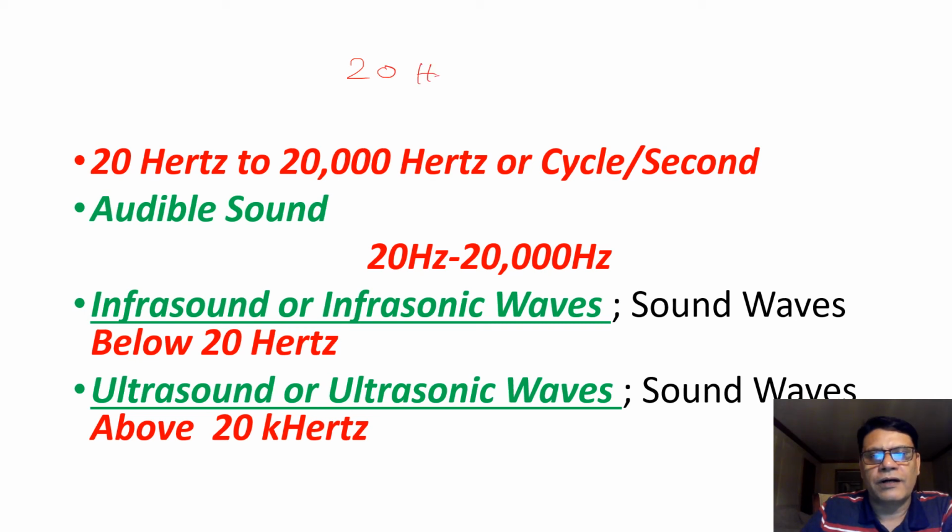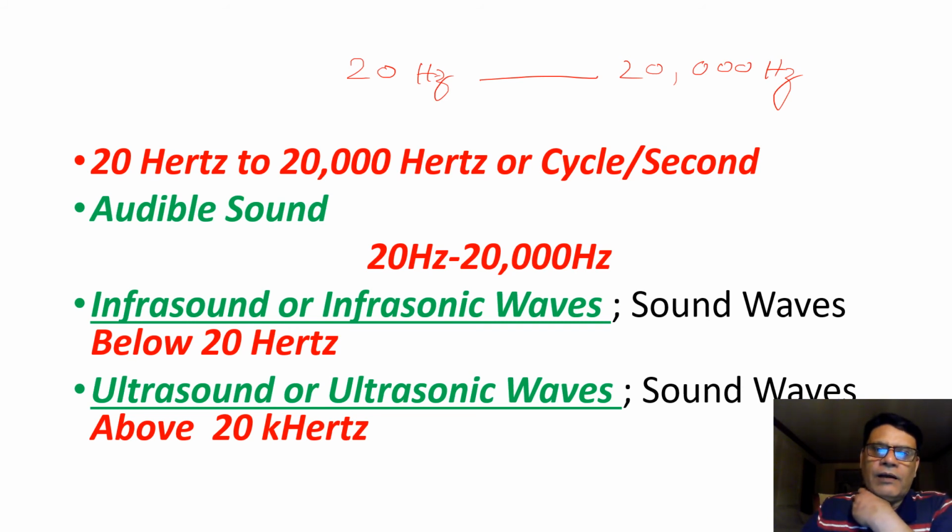The normal hearing range of the human ear lies between 20 hertz and 20,000 hertz, and any sound of frequency below 20 hertz is called infrasound. Infra means below and ultra means above, and any sound having a frequency above 20,000 hertz is called ultrasound.